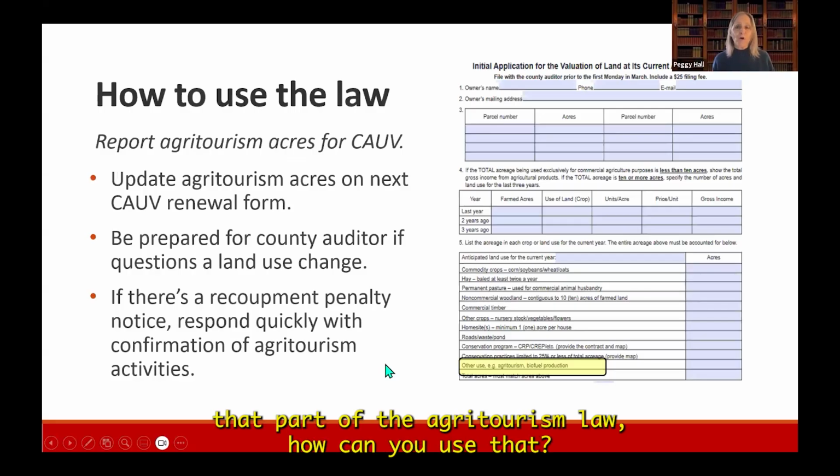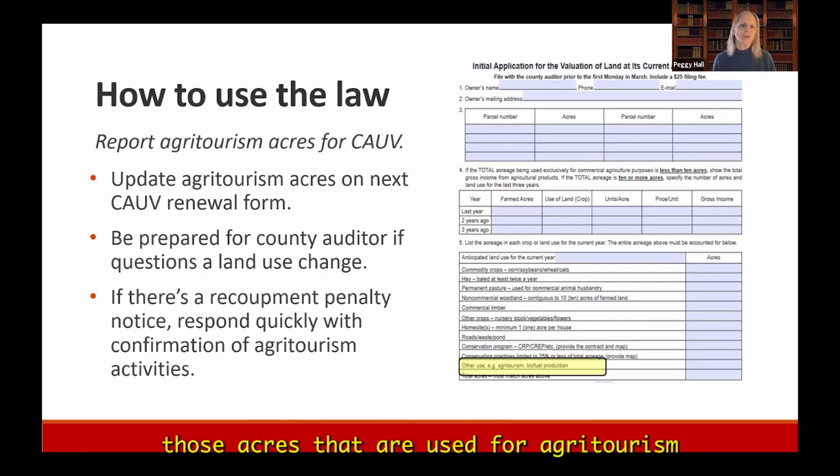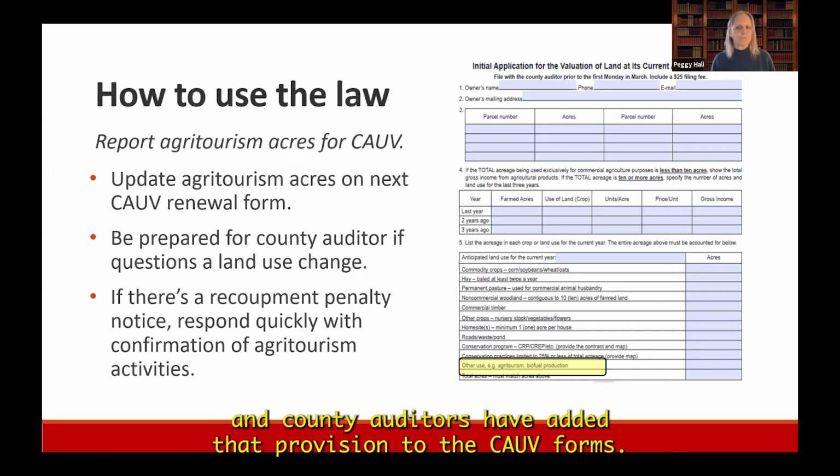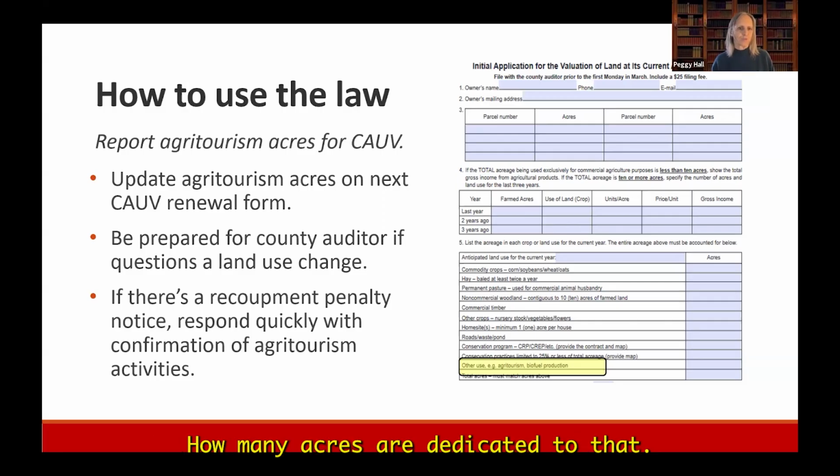So as far as that part of the agritourism law, how can you use that? Well, you do need to report on your annual CAUV application those acres that are used for agritourism. County auditors have added that provision to the CAUV forms, and you'll see highlighted in yellow here, there's the other use, such as agritourism, how many acres are dedicated to that.